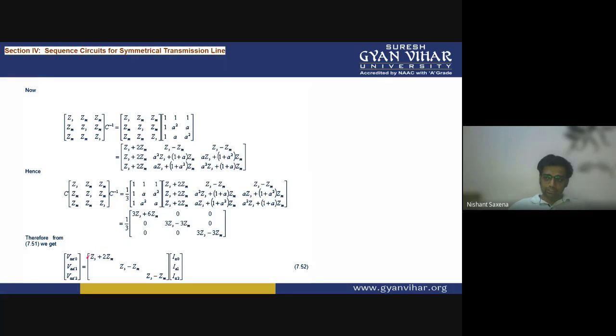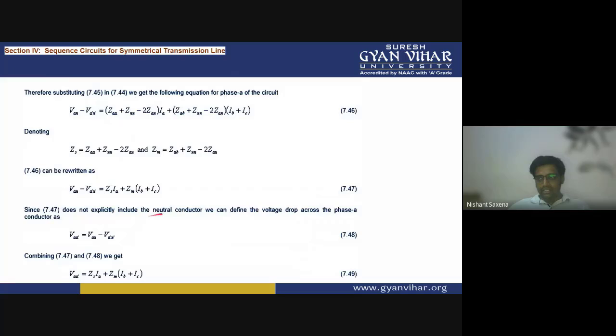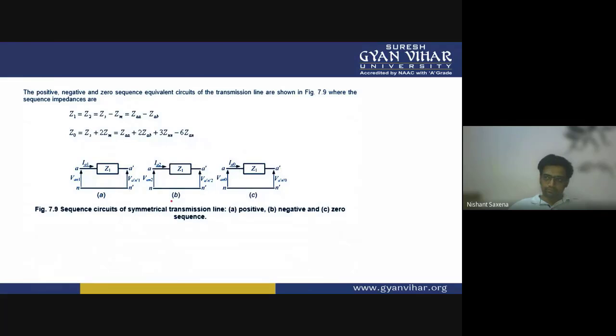Whereas the zero sequence impedance for the transmission line is different. It is Zs plus twice the mutual impedance. But Zm is nothing but ZAB plus ZNN minus 2ZAN.